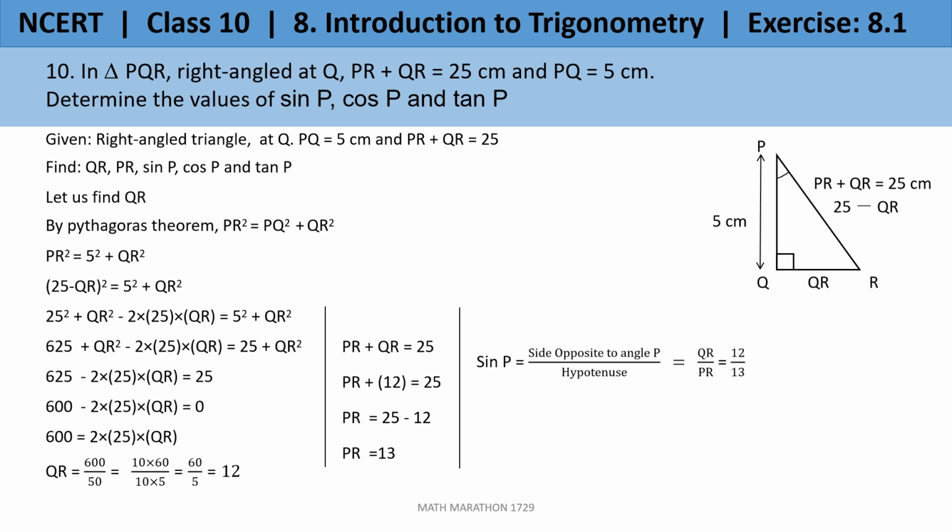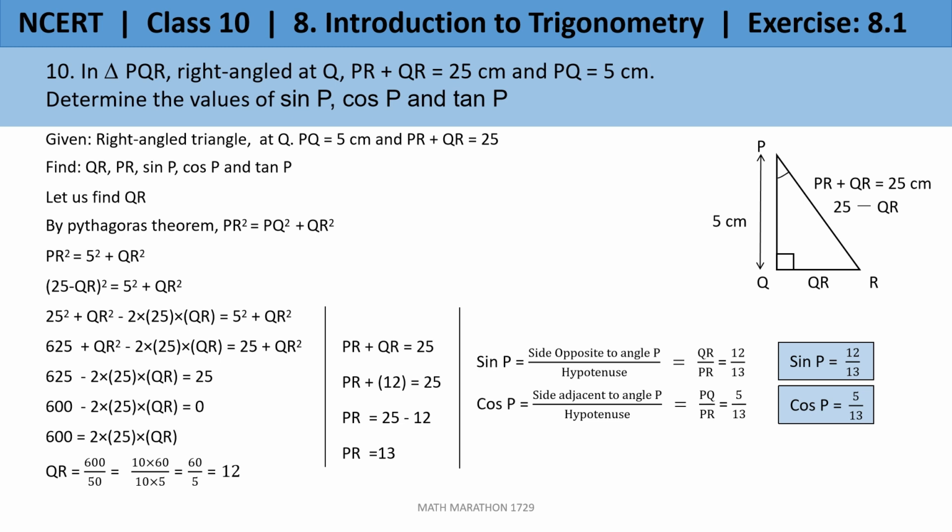Sin P is equal to side opposite to angle P by hypotenuse, which is equal to QR by PR, which is equal to 12 by 13. So, sin P is equal to 12 by 13. Cos P is equal to side adjacent to angle P by hypotenuse, which is equal to PQ by PR, which is equal to 5 by 13.